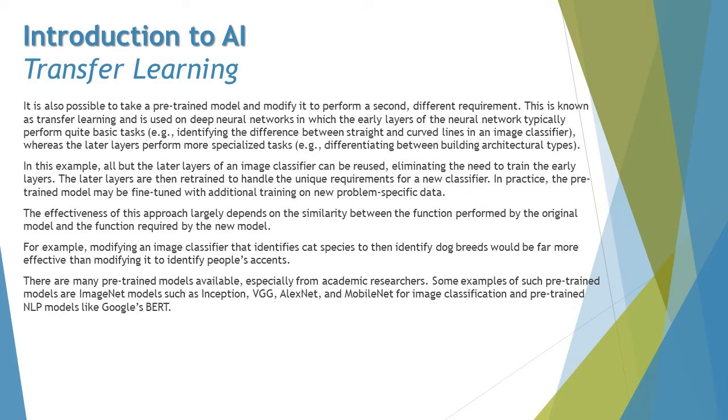The effectiveness of this approach largely depends on the similarity between the functions performed by the original model and the functions required by the new model. It's very important what kind of data you have used to train the model with respect to its existing training. It's as simple as that.